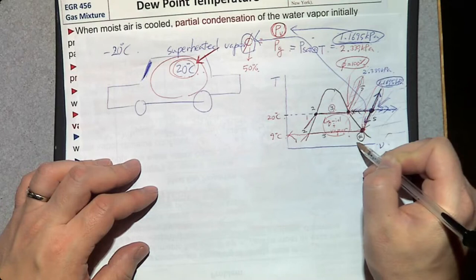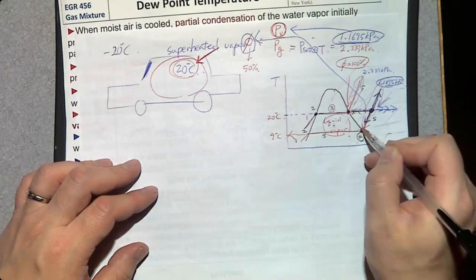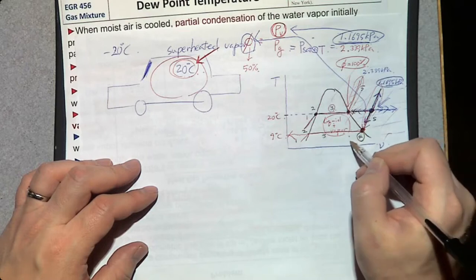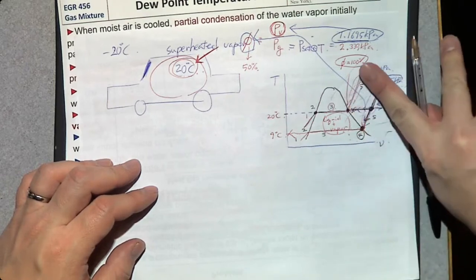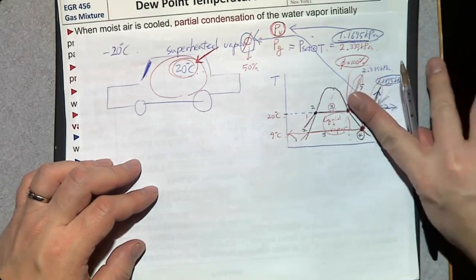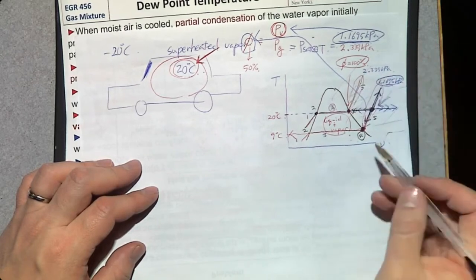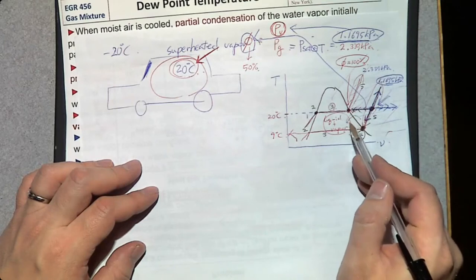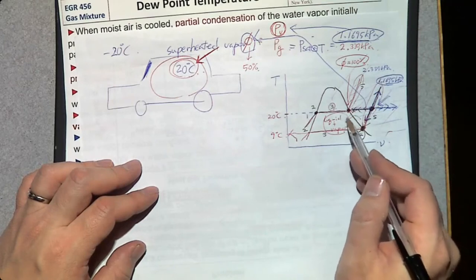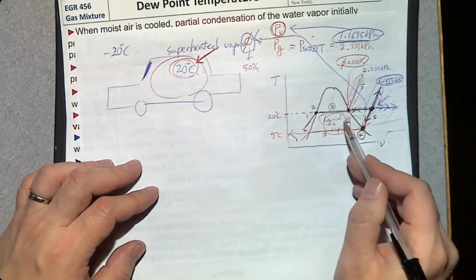Below this temperature, you don't have 100% vapor. Now you have condensation, because only when you are here do you have 100% vapor. When you cross this saturation line, that means that you have liquid water.